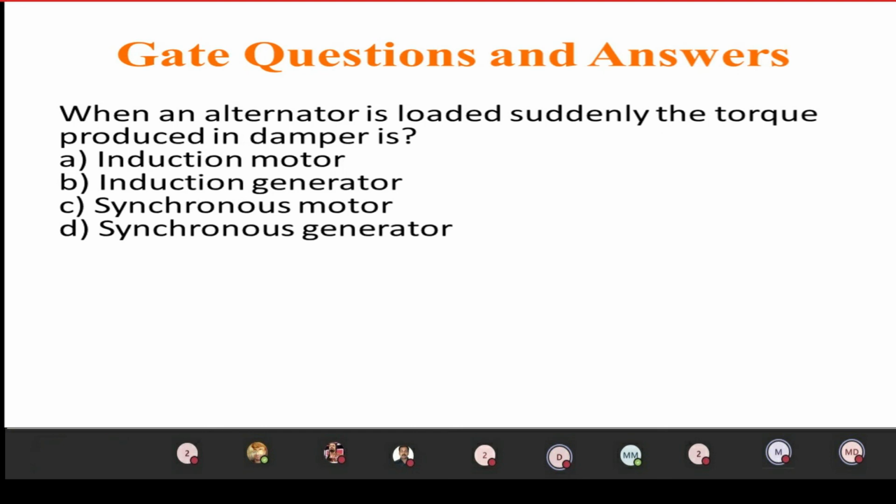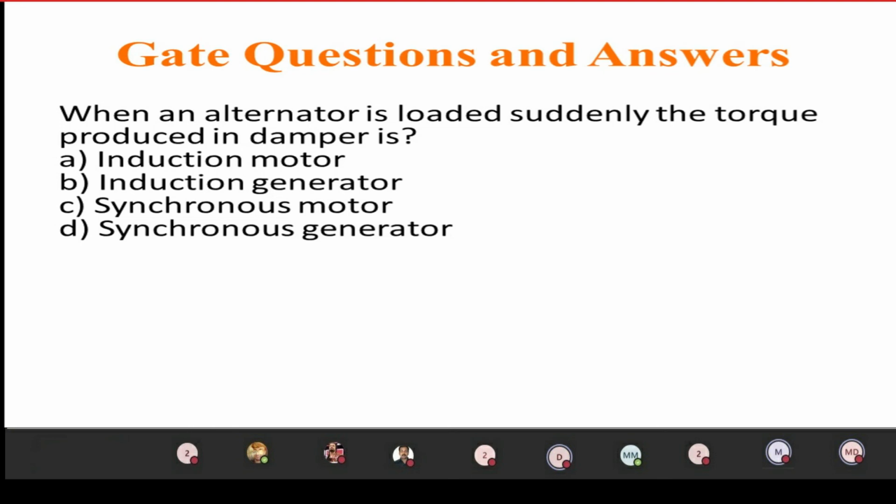When an alternator is loaded suddenly, the torque produced in the damper is? When the alternator is suddenly loaded, it will reduce the speed of the machine, so the relative speed between the stator and the rotor is varied.